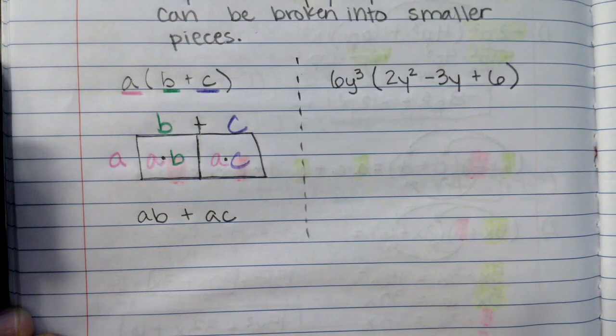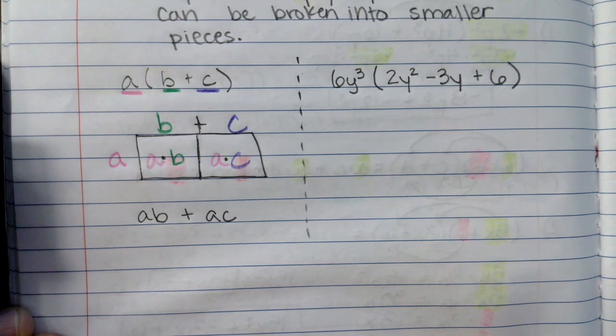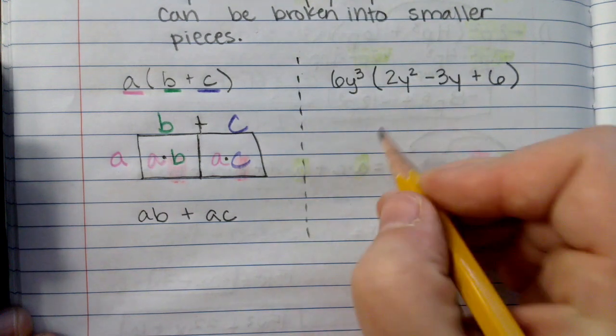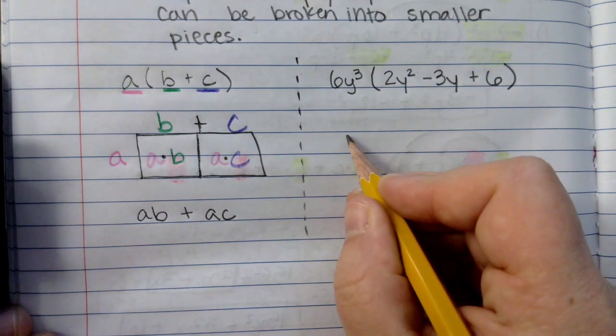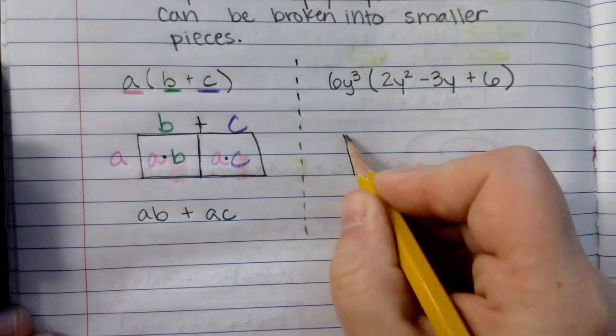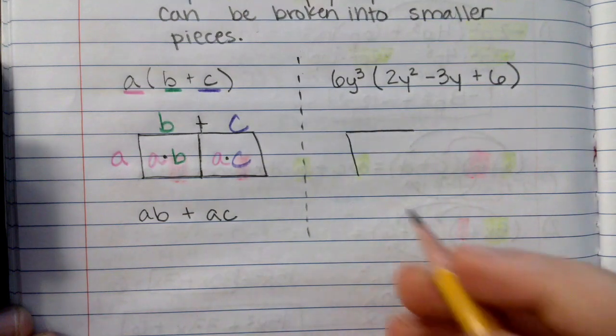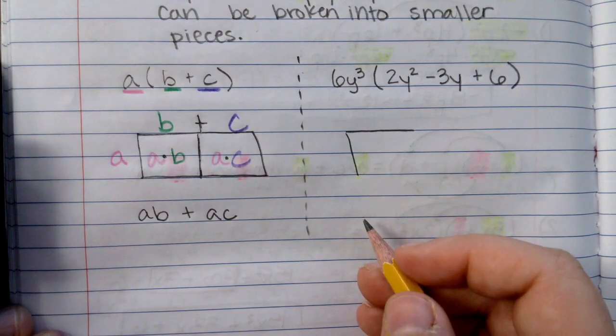So first step is to make sure you have that written down correctly. So double check that you have that written down just the way we see it up here. And then we're going to have to decide how we would want to set up our boxes. So out front, what do we have? A monomial, binomial, polynomial of some kind? Monomial. Good. We have that 6y to the third.